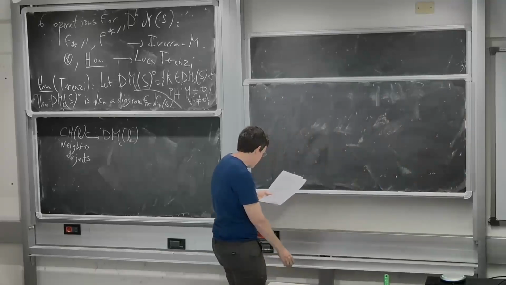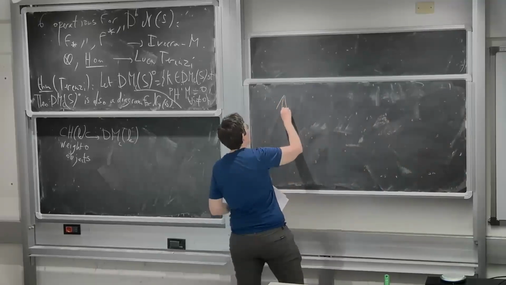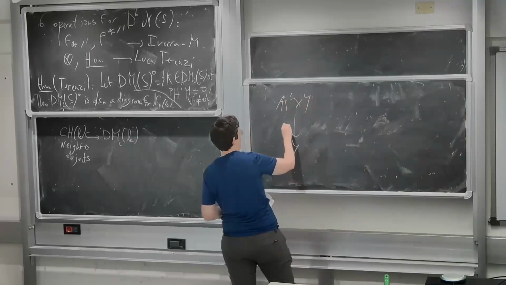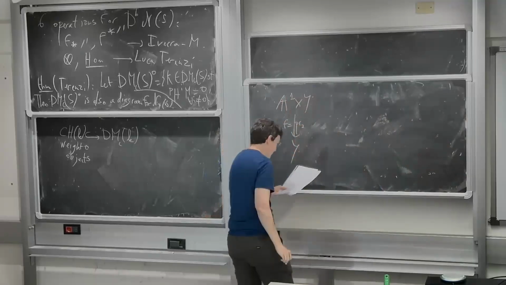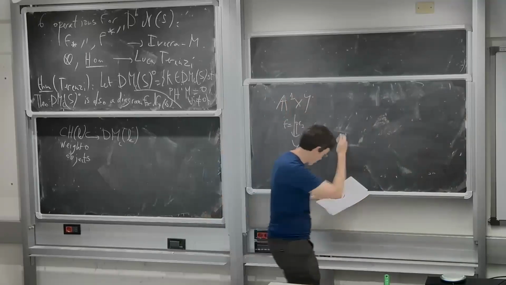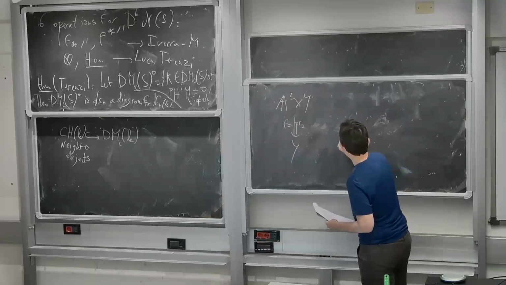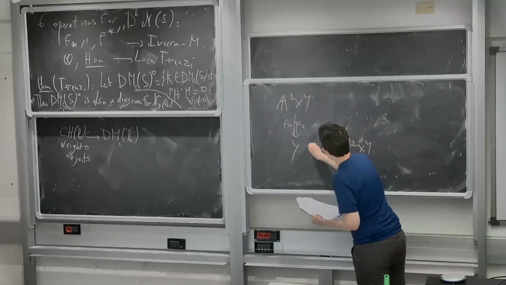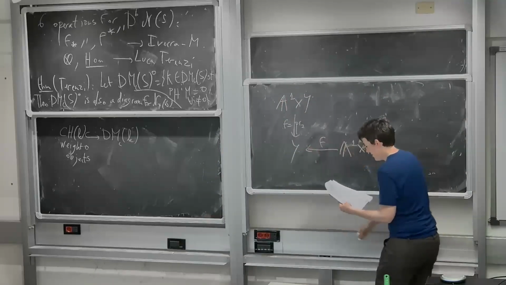Okay. So you have this A1 plus Y, and you have this projection that you're trying to understand. So this is the second projection. Okay, let's put A1 plus Y here. Let's put the same morphism.